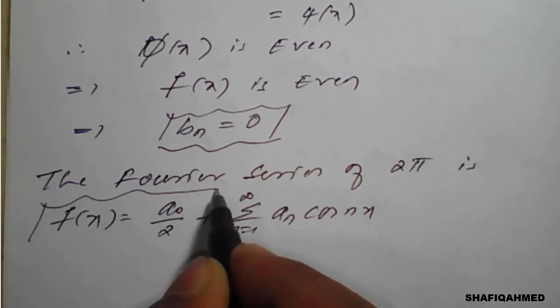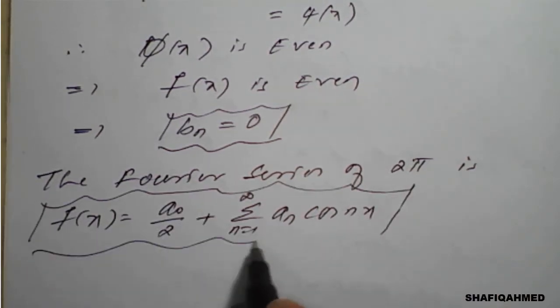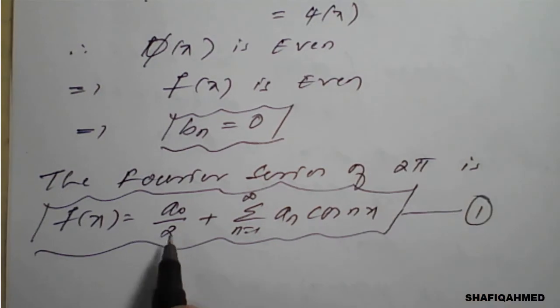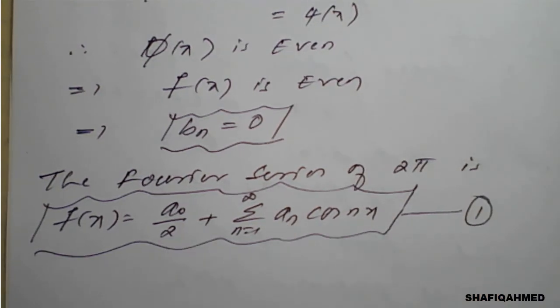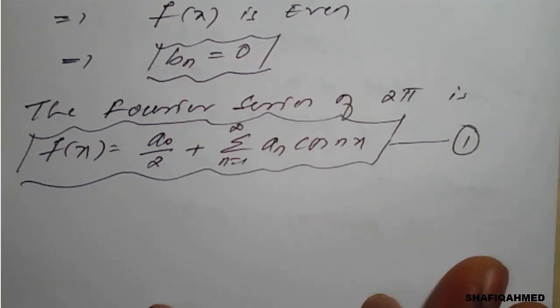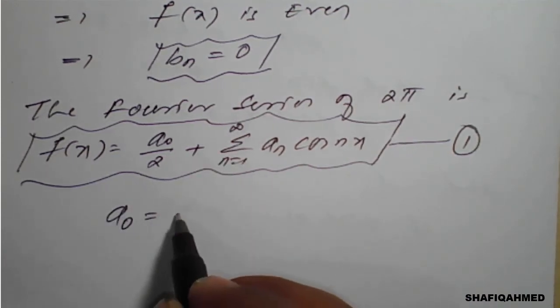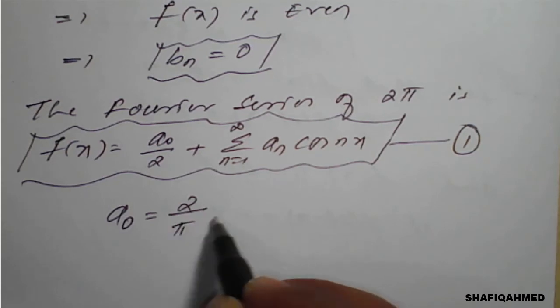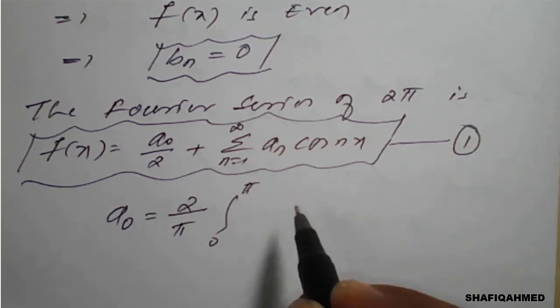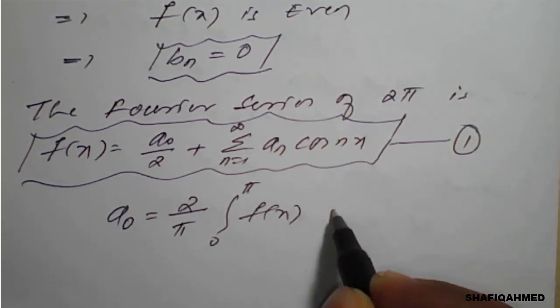This is our equation number 1. In this equation we'll find the value of a naught and an, where a naught, since this is an even function, is given by 2 upon pi integral 0 to pi f of x dx.